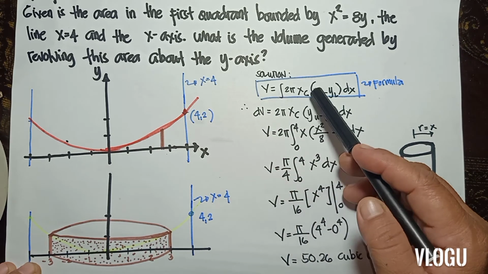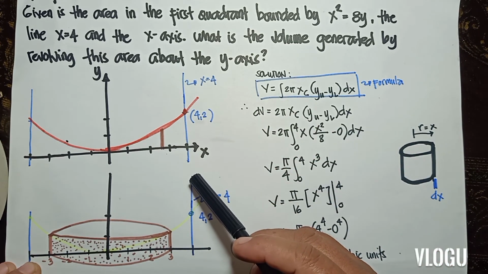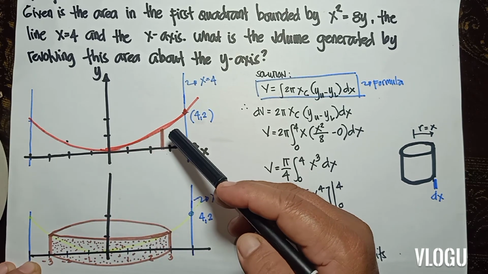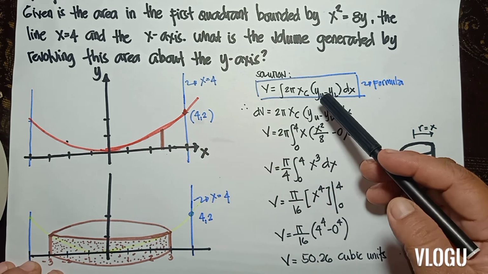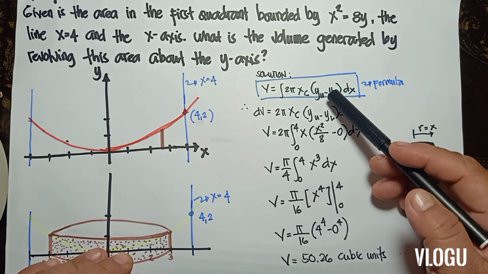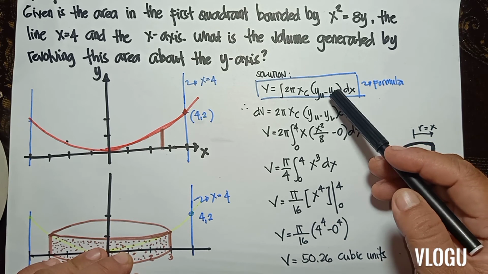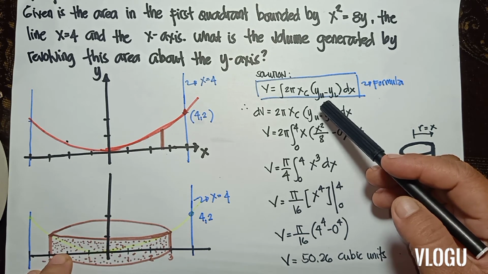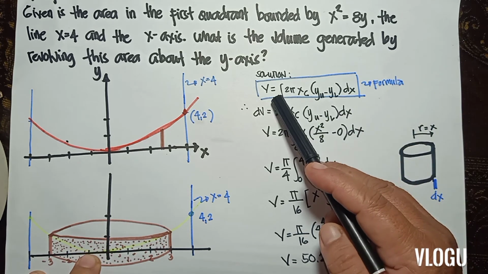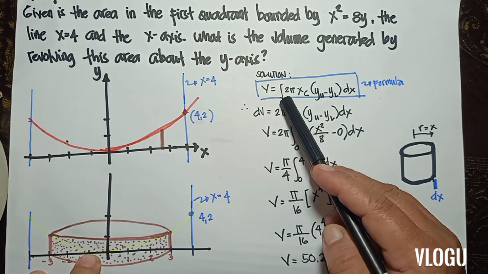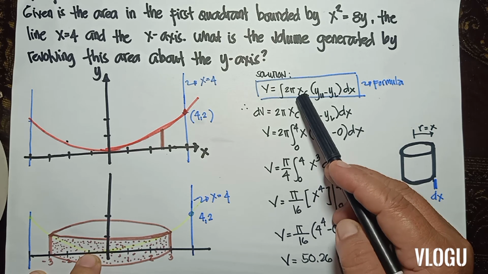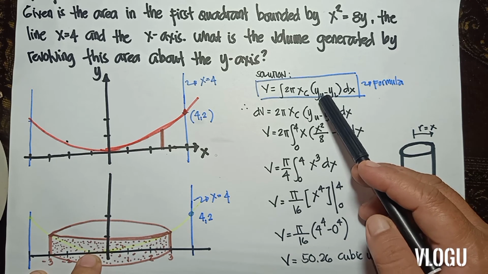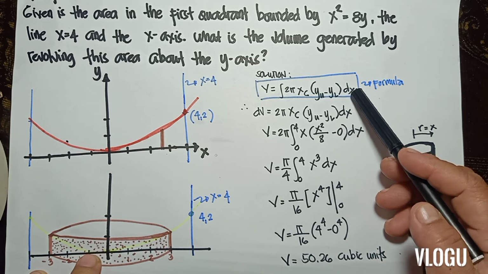Because we are going to revolve this vertical strip about the y-axis, then we can use the cylindrical shell formula. So the formula for cylindrical shell: volume is equal to the integral of 2 pi x sub c, that is the radius of your cylinder, times y up minus y down dx.